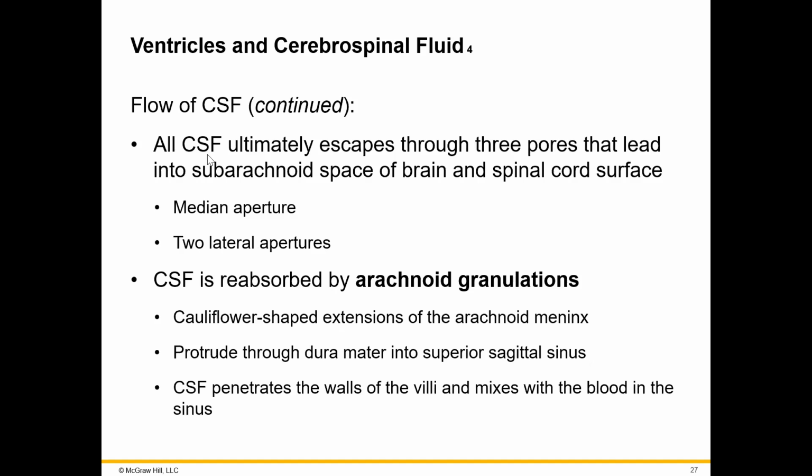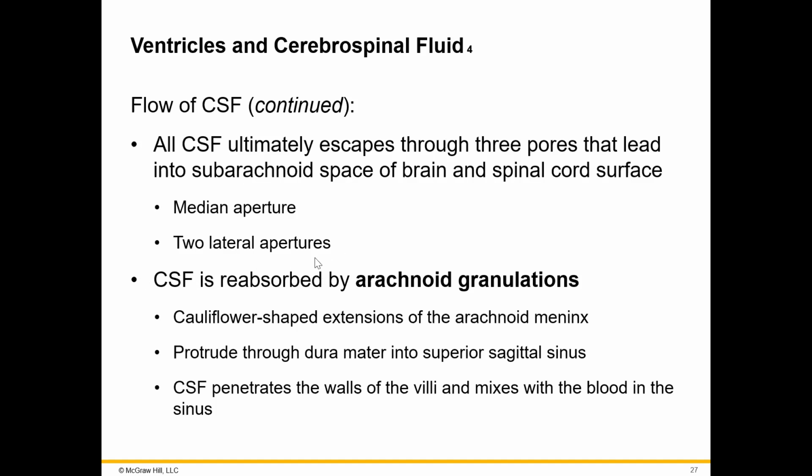So the flow of the cerebrospinal fluid continues, and all cerebrospinal fluid is ultimately going to escape through three pores that lead into the subarachnoid space of the brain and the spinal cord surface. There's a median aperture and two lateral apertures.